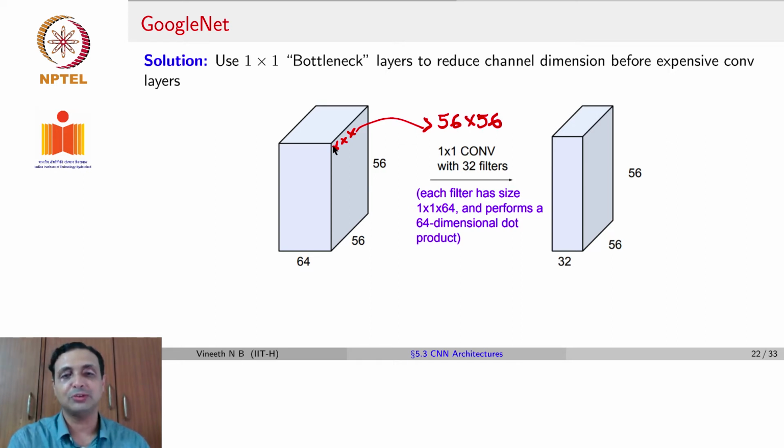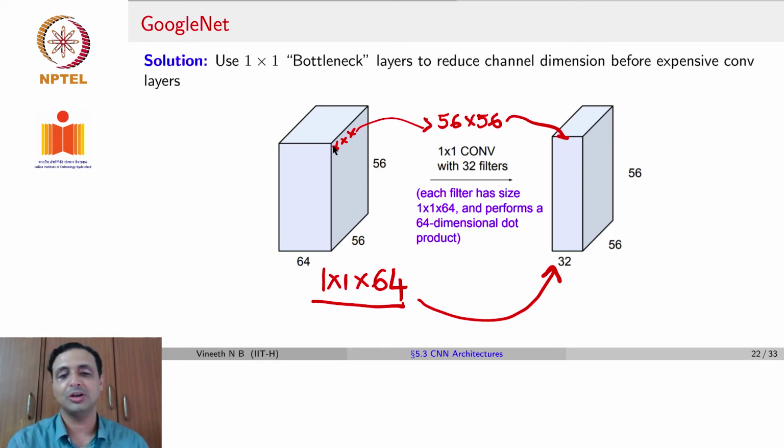So remember, the filter size for this 1x1 convolution would have been 1x1x64. That's the 1x1 convolution, or the bottleneck layer we are talking about. But they had 32 such filters, which means 32 such 1x1x64 filters, which results in the output now becoming 56x56x32, because of 32 such filters.